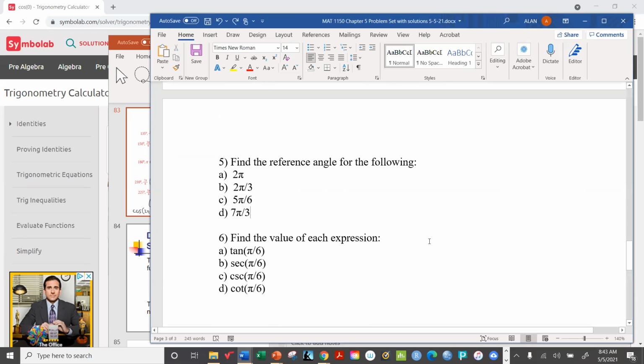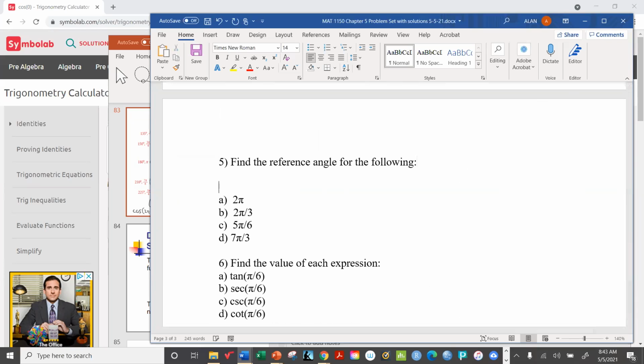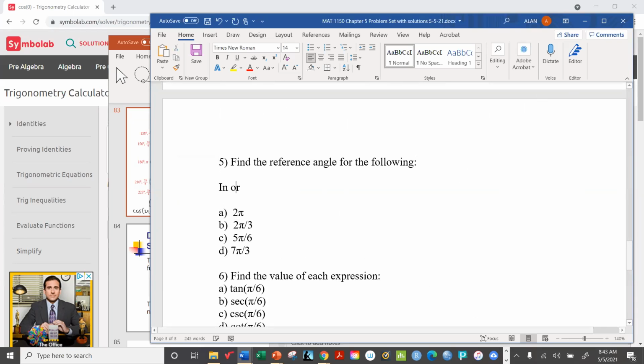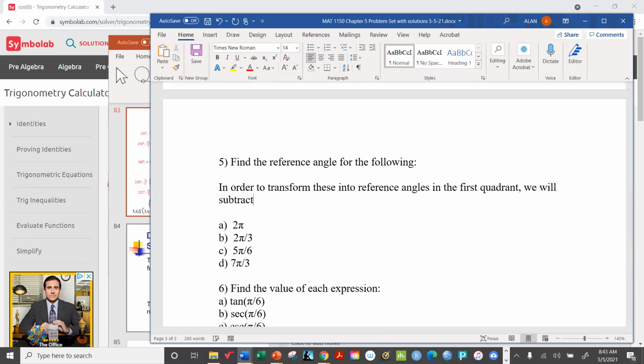So let's see how that works. For these cases, in order to convert or transform these into reference angles in the first quadrant, we will subtract 2 pi radians.